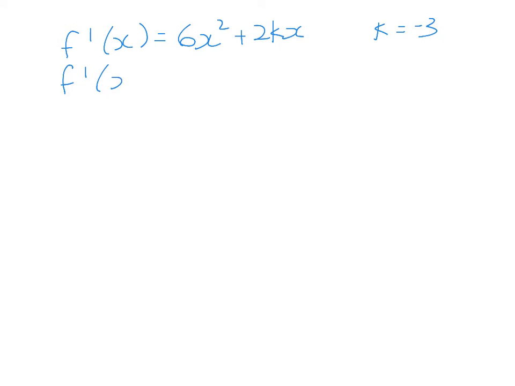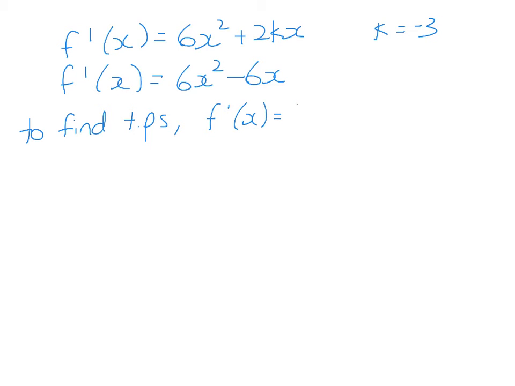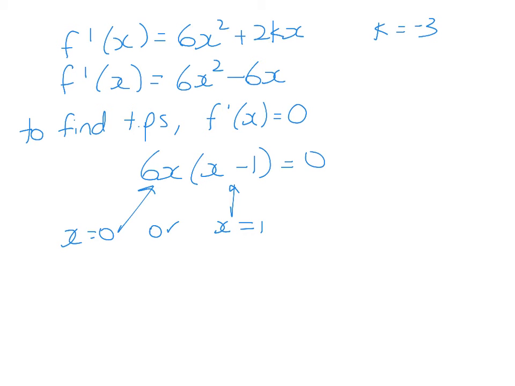So f dash of x is equal to 6x squared minus 6x, which means we can set that equal to 0. We're going to solve for f dash of x equals 0, and we're going to have 6x times x minus 1 equals 0, x equals 1, or x equals 0.